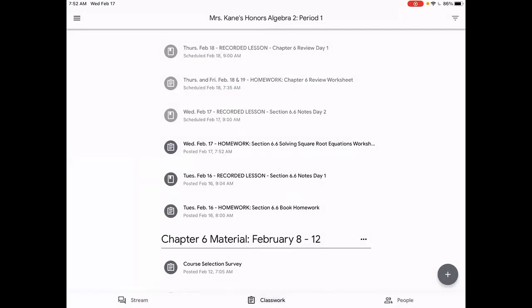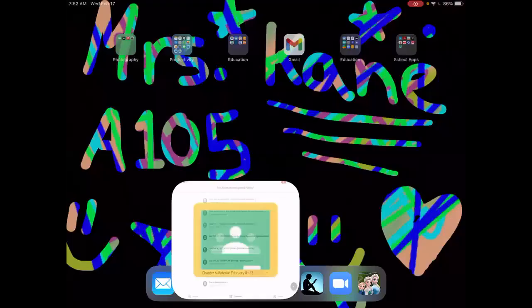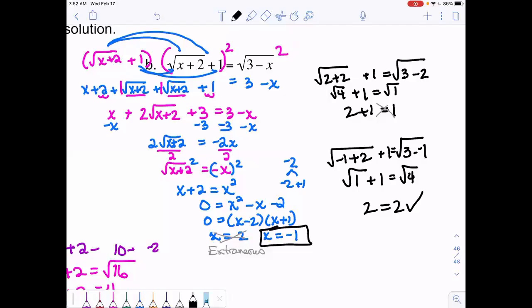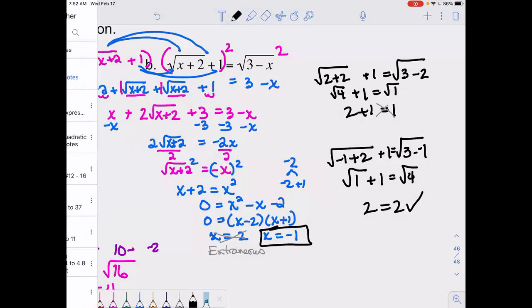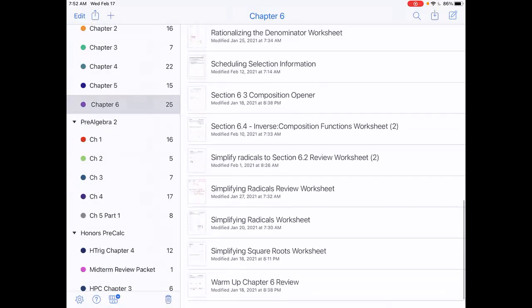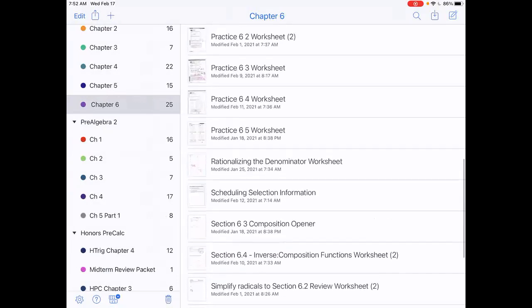So solving square root equations, these are all square roots. There aren't any cube roots, there aren't any rational exponents, they all involve square roots. Do you see it on your end? Yes, okay. Apparently I don't have it on my end.